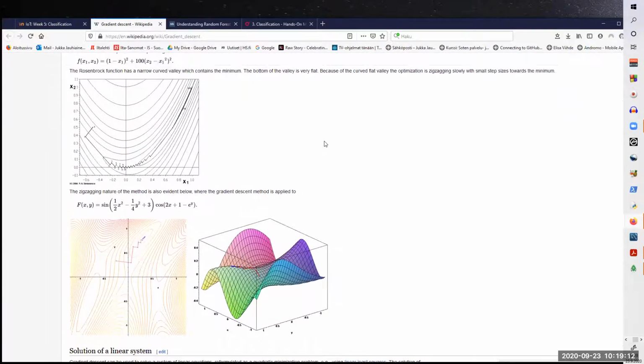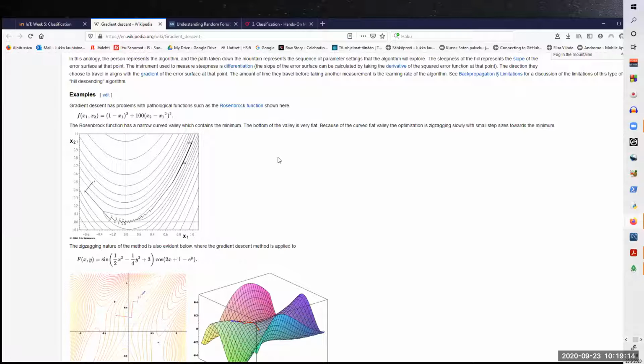Another picture here. You see quite an easy polynomial function called the Rosenbrock function. Of course, this is a polynomial function which is very easy to differentiate analytically. If you plot this function as a function of x1 and x2, you see curves like this.